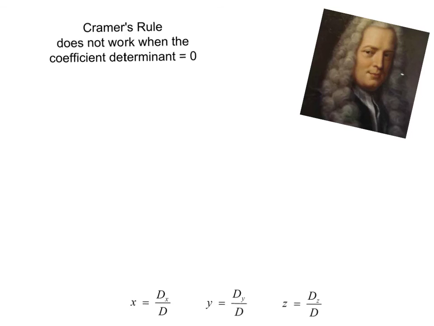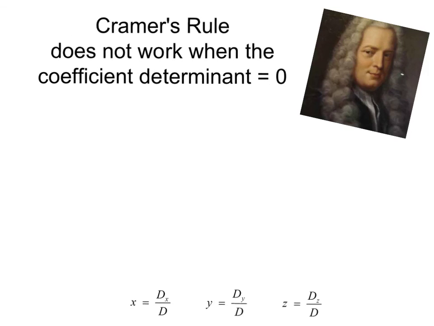All right, one last item here. Cramer's rule is nice and convenient and works most of the time, but it does not work all the time. It does not work when your coefficient determinant equals 0. If I find the determinant of that coefficient matrix and it equals 0, just as a friendly reminder, that means it is a singular matrix. Singular is when it equals 0.